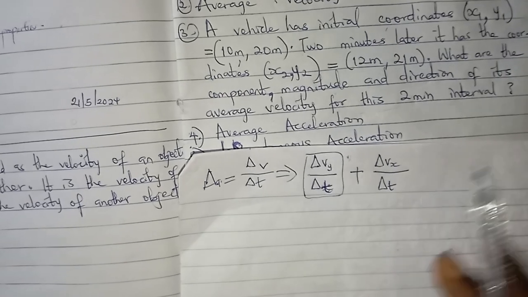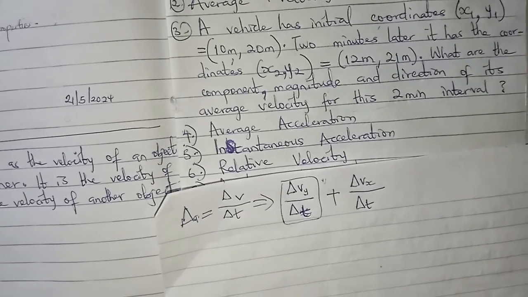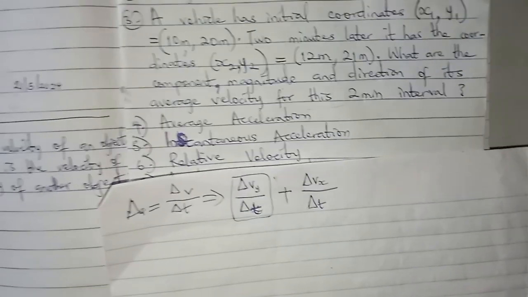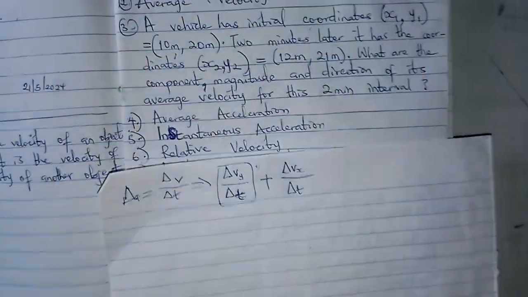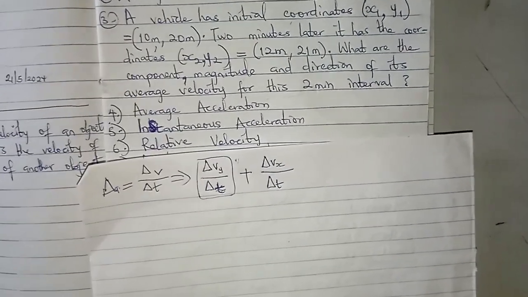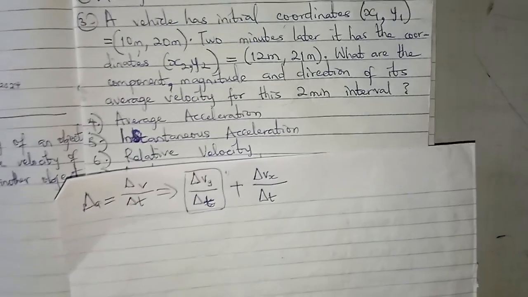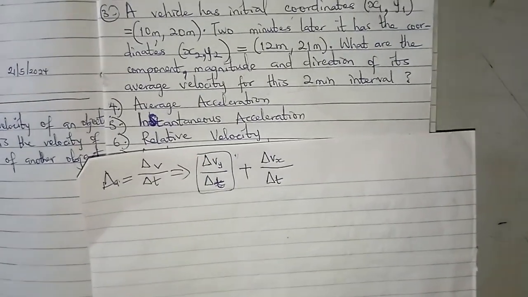When you're talking about average acceleration, it's the same thing, but this time you are simply talking about the acceleration that happened over a period of time. You just need to check what happened at the x-axis over a period of time and what happened at the y-axis over a period of time.